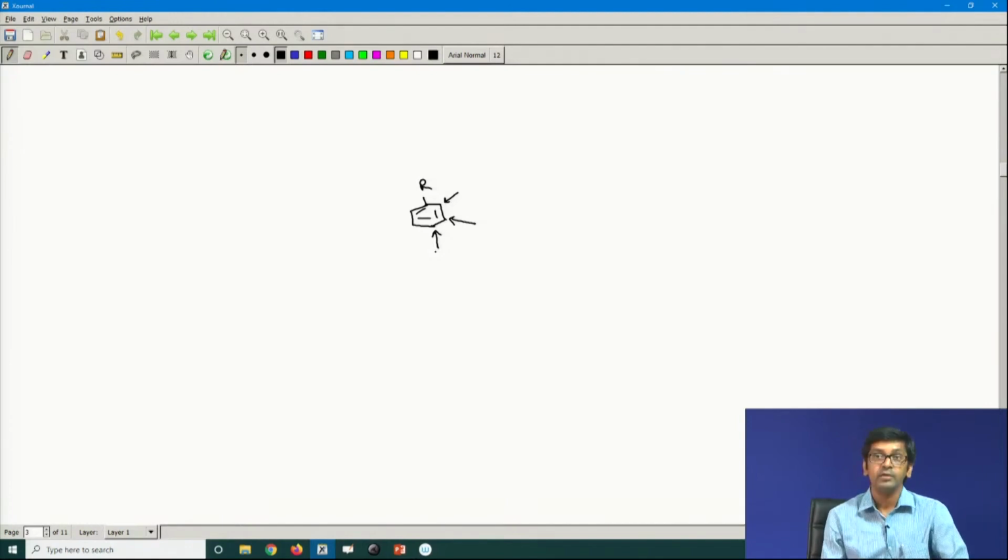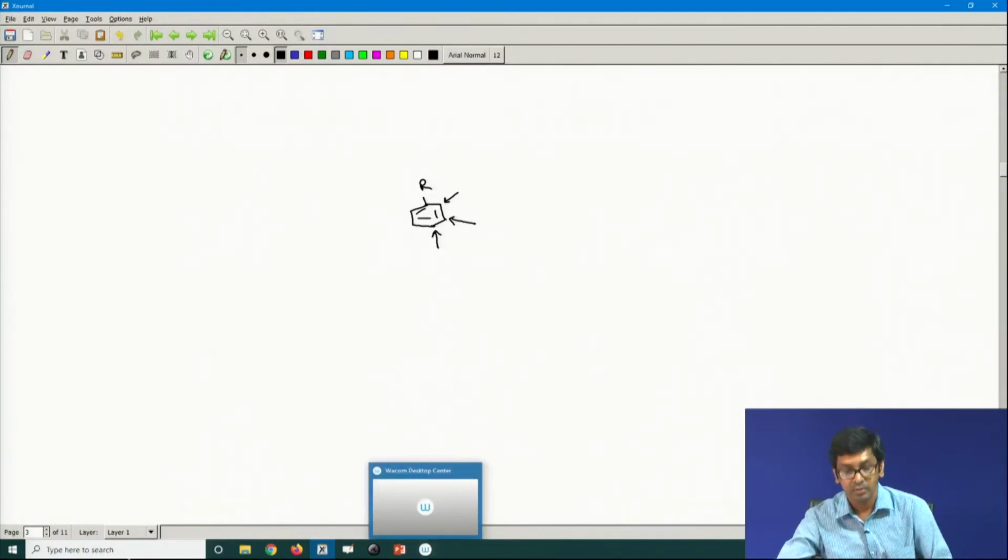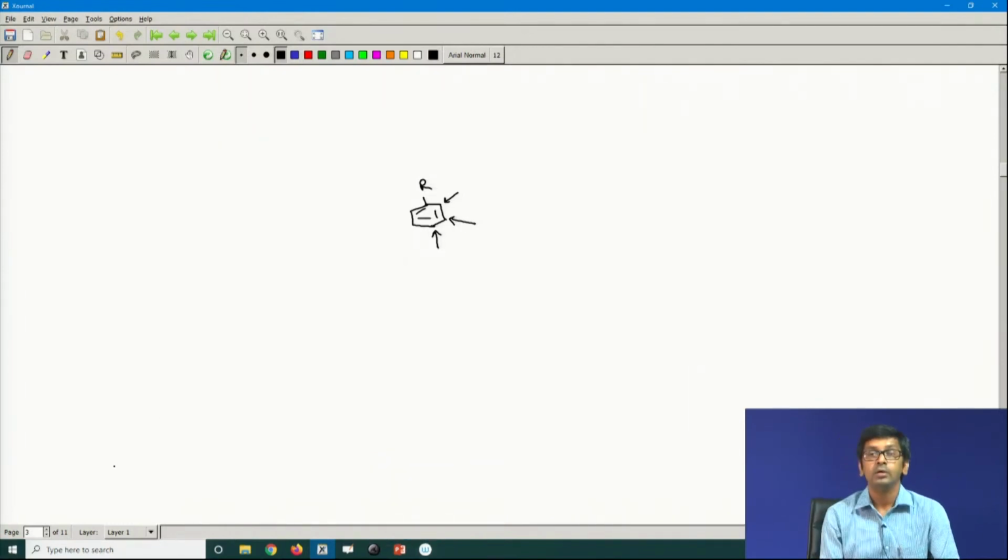And in the case of chemoselective, let us say when there are two different functional groups, and in a particular reaction you are only able to convert or react with one particular functional group, that is called a chemoselective reaction.